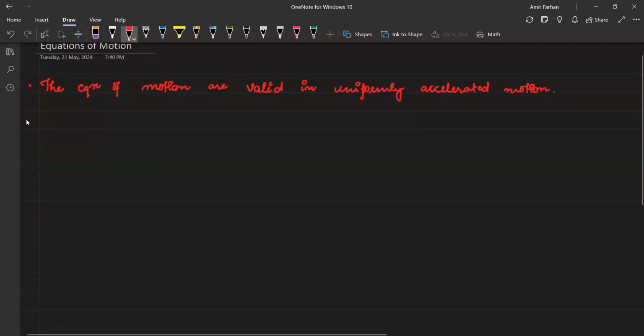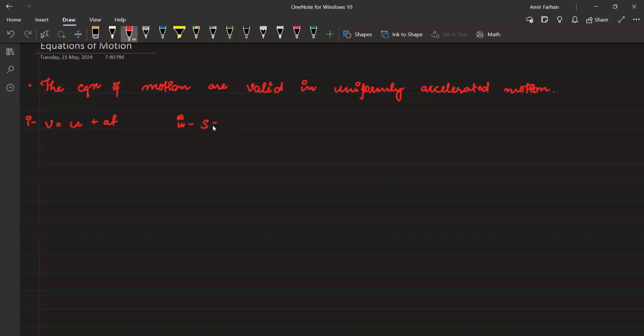Okay, everyone. The first equation of motion that is given to you is v = u + at. v equals u plus a into t. Next equation is, I will tell you what v, u, a and t are.